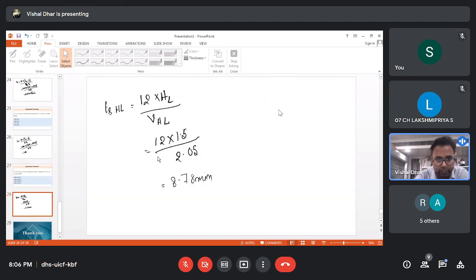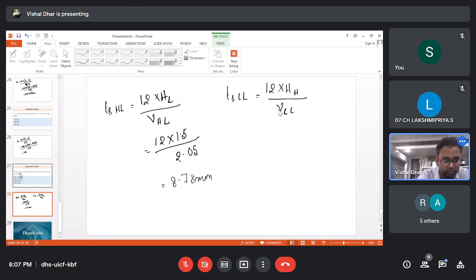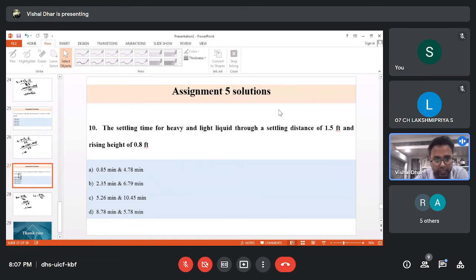And for light liquid, the settling time will be 12 into H divided by velocity of the light liquid. H is the rising height.